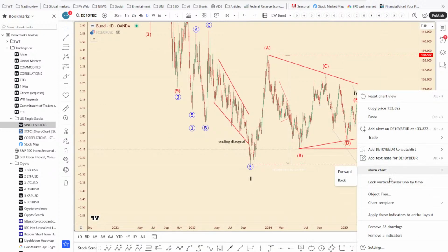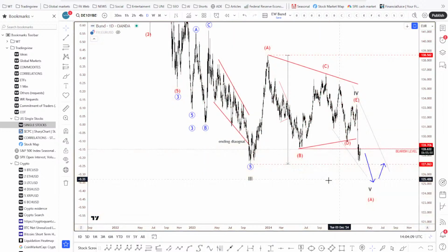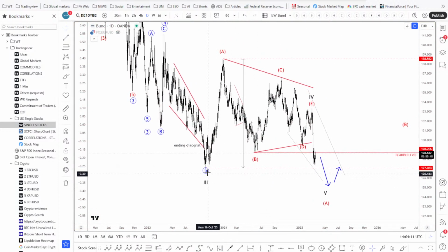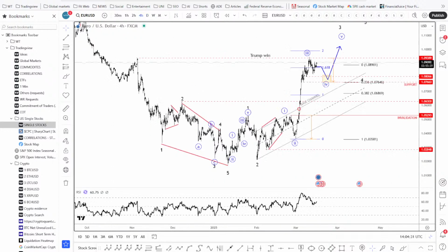Looking at the Bunds, they are still expected to break out of the October 2023 lows. This makes me think the rate differential could stay in place until we see that move to the downside, which means euro dollar could have a bit more upside.